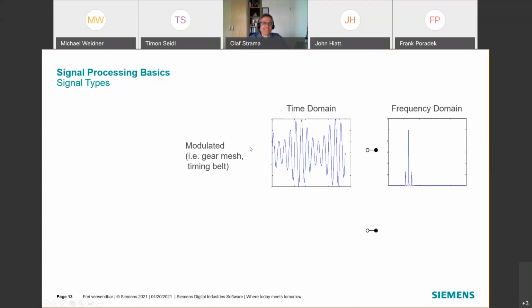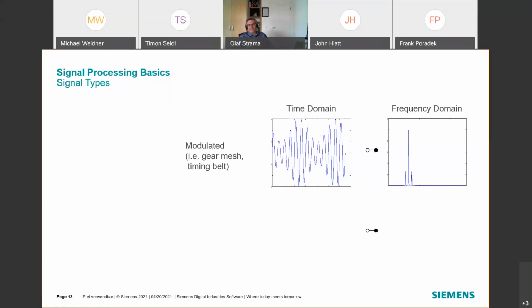And interesting, especially if we talk not about time and frequency domain but about the order domain, is that these lines are also on dedicated orders. If I have an effect that is synchronous, or if you think about this tooth mesh again, an effect that is synchronous to one tooth gear, then I only have lines with a distance that corresponds with the transmission ratio of this tooth gear.